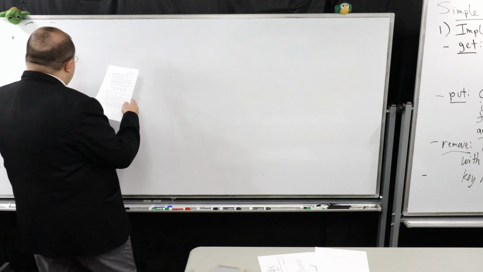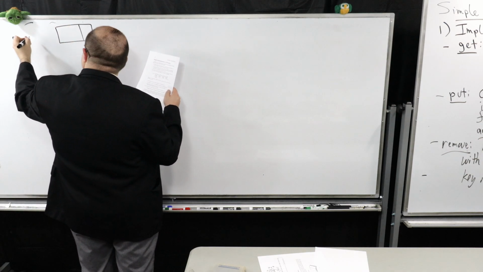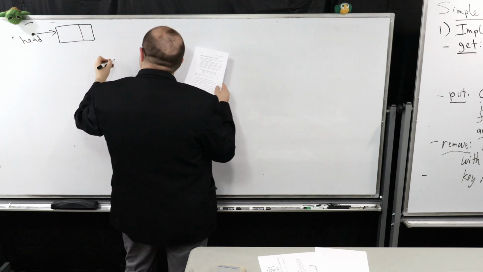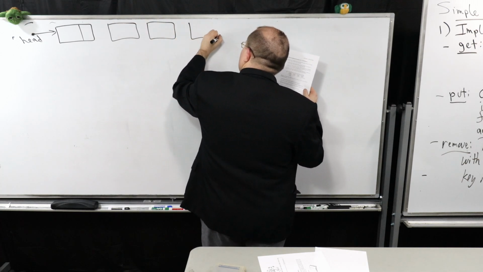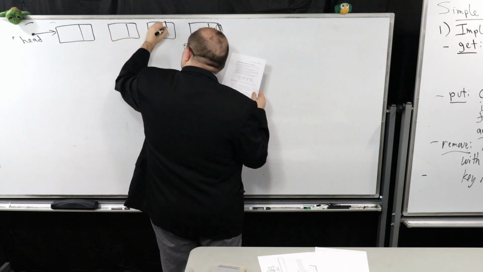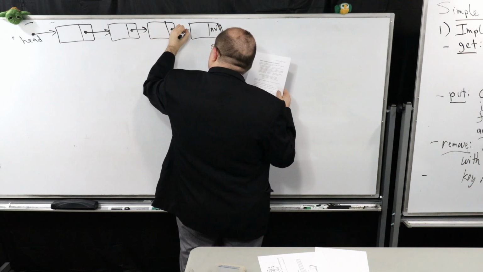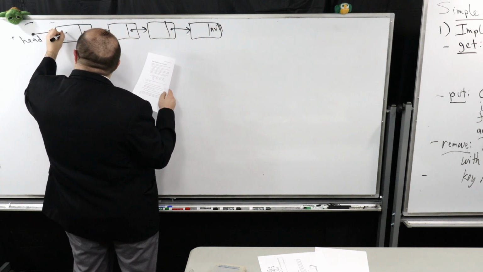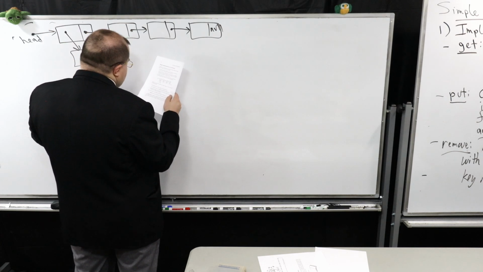So I have the head of the linked list, where each node is going to store a record as its data. So each one of these will be pointing to some record.